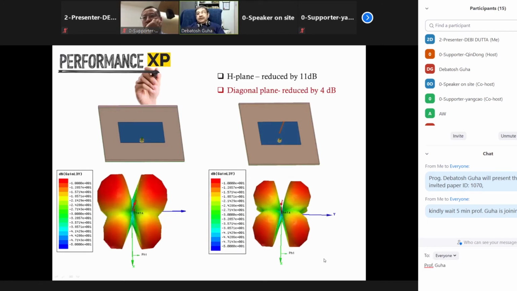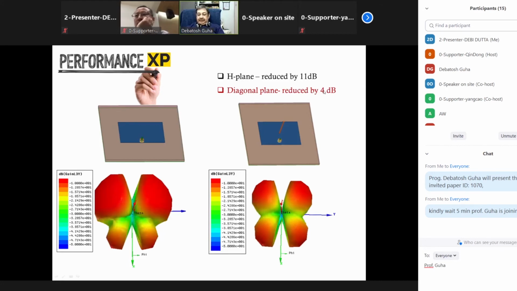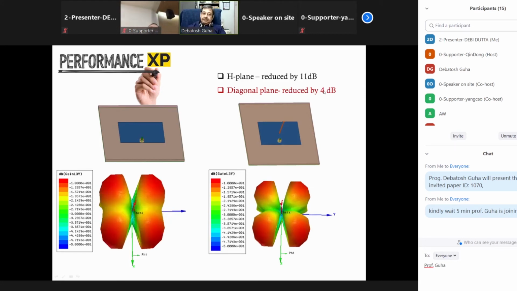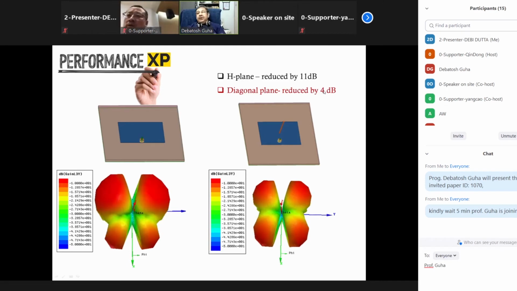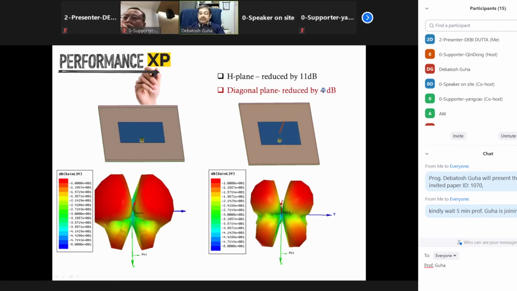In magnitude, it is reduced, but its scale is same. It is reduced by 11 dB, and in the diagonal plane it is reduced by 4 dB. That means you are going to stop generation of that culprit, the orthogonal disturbing mode.